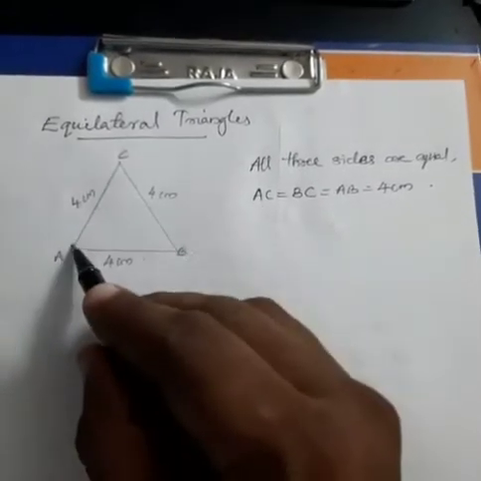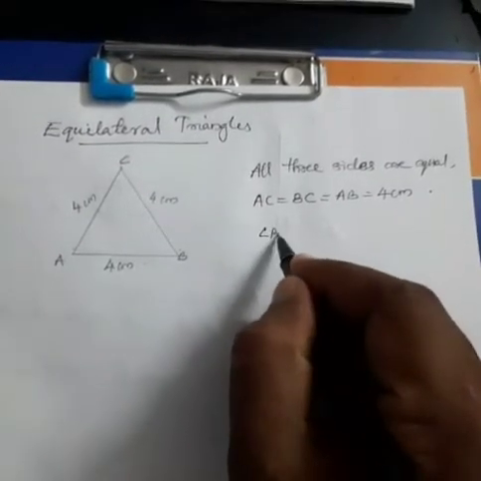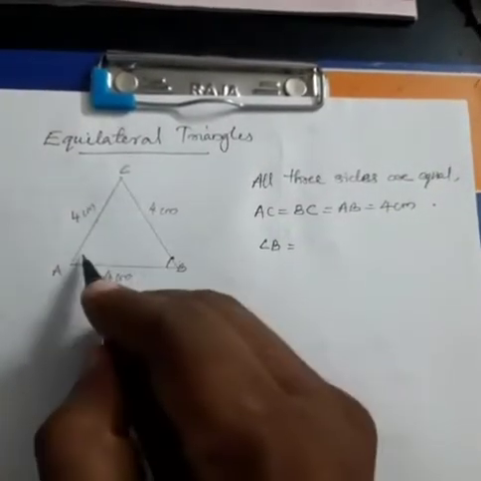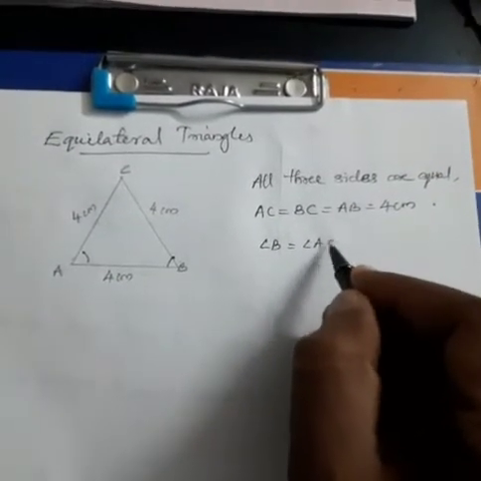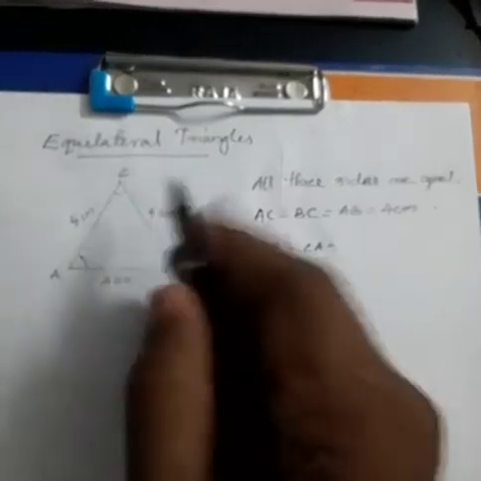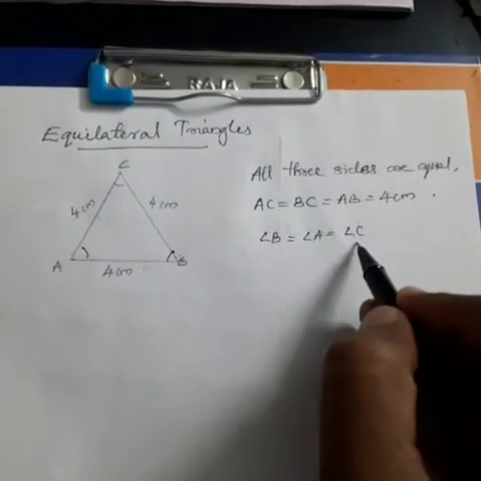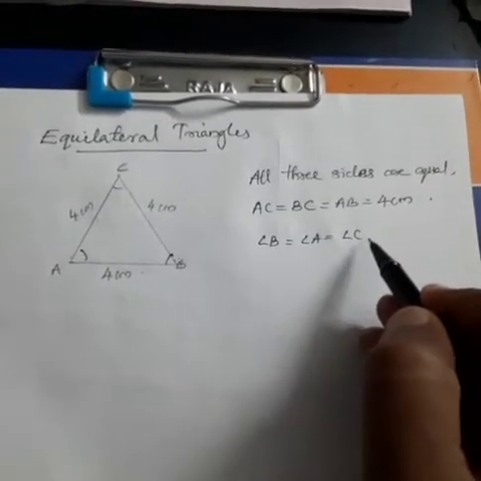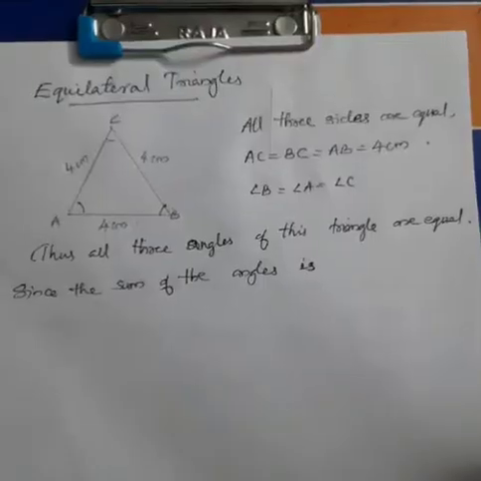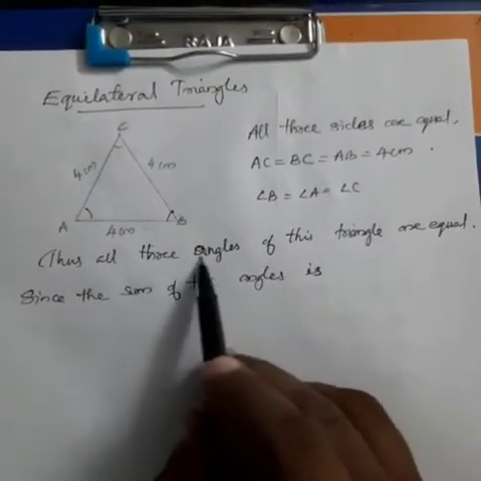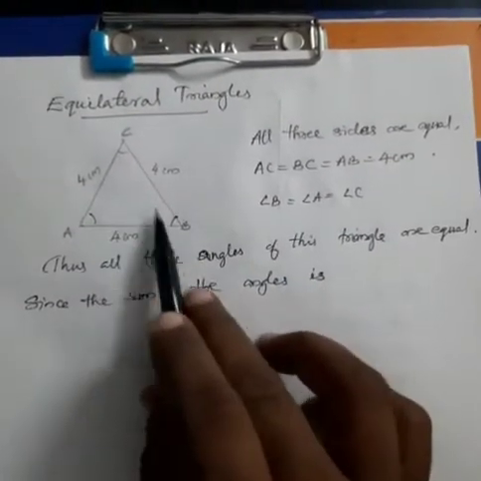So opposite of AC is angle B. Opposite of BC is angle A. And what about AB? Angle C. So if sides are equal, the angles are also equal. Thus all three angles of this triangle are equal.